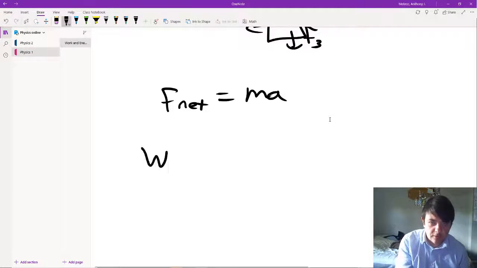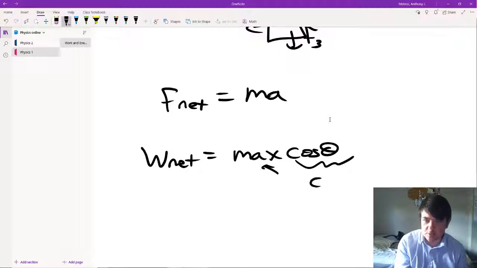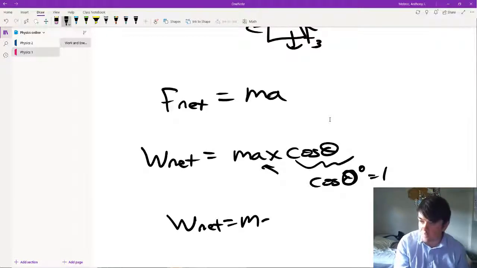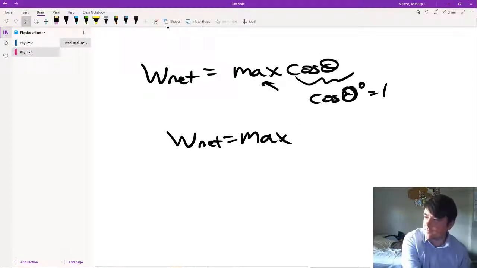And if we truly want the max, I hate to make a joke, we can just say that the angle between the net force and the displacement is 0, so we can call this cosine 0 degrees, which is 1. So we can say the work net equals max.